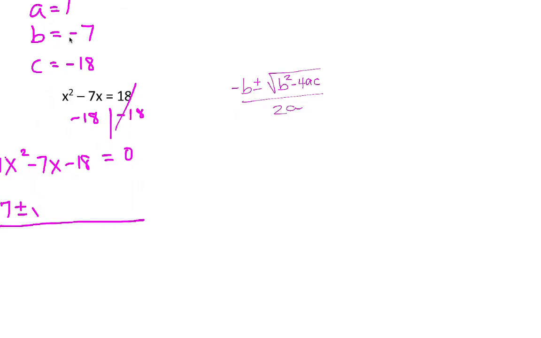Plus or minus the square root of, I'm going to take my b value and square it. So remember, it's important to use parentheses in here. So my b value, which is a negative 7, using parentheses, squared, minus 4 times your a value times your c value, all over 2 times the a value.